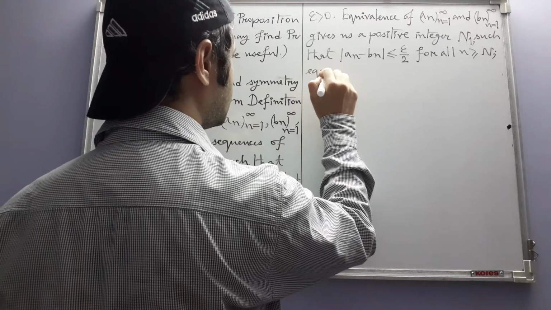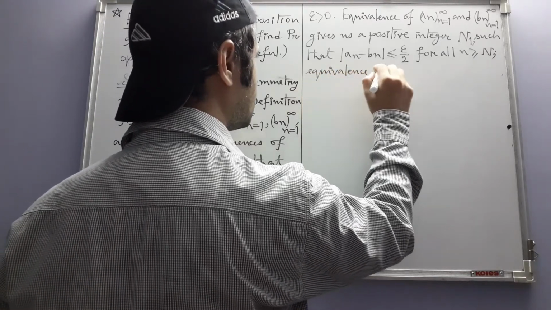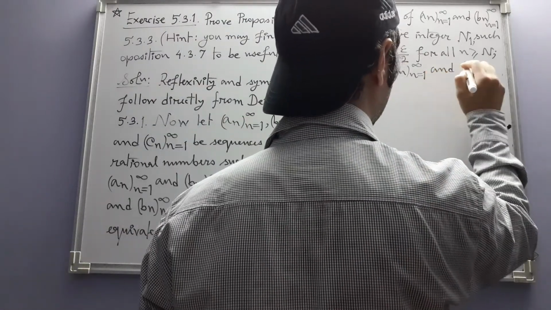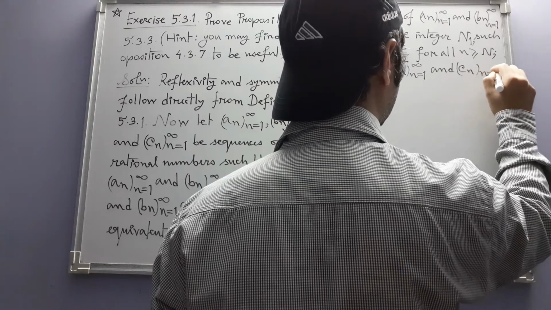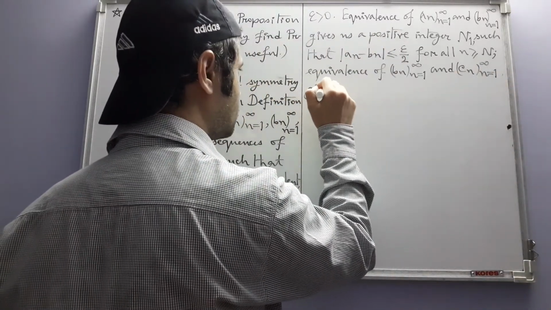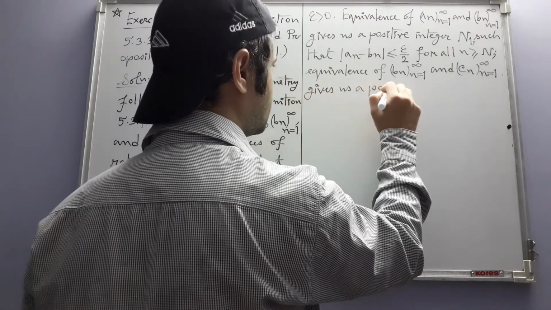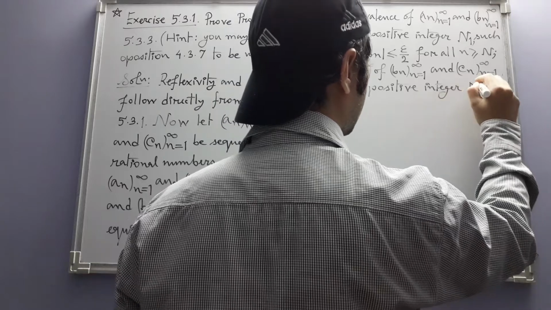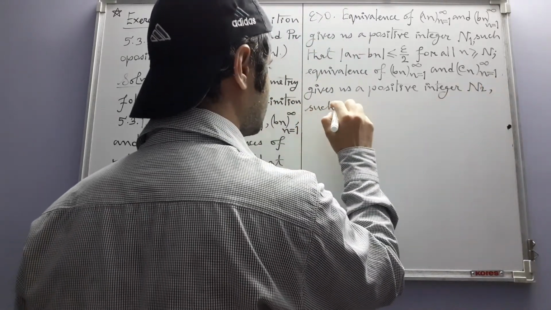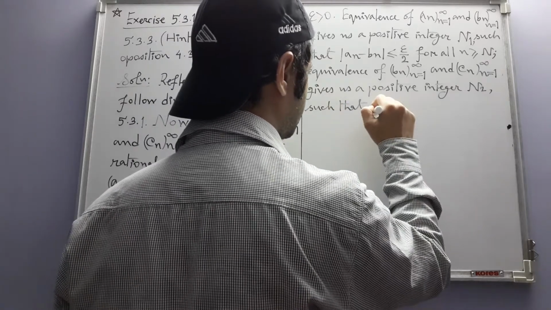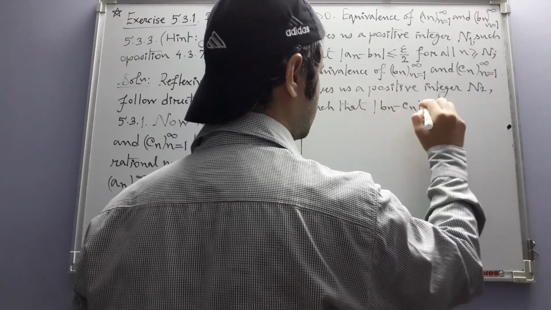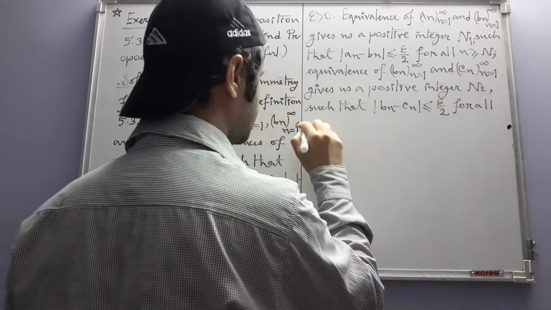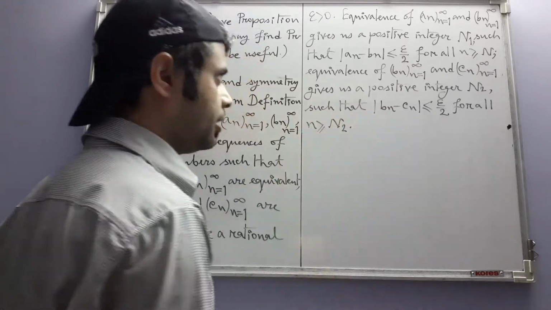Like that, equivalence of b_n and c_n gives us a positive integer N2 such that the distance between b_n and c_n is less than or equal to epsilon by 2 for all integers n greater than or equal to N2.